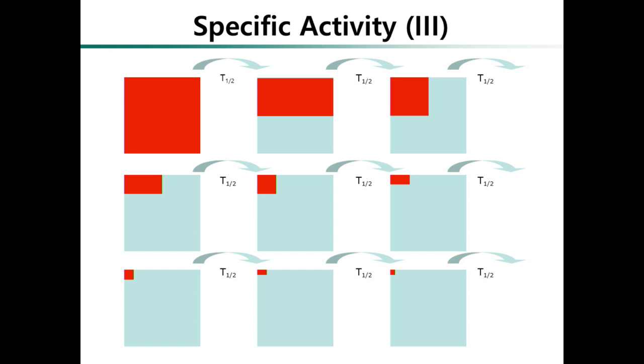So even though the activity is higher than the normal injected dose, in terms of specific activity we could not do receptor imaging. So you have to understand the exact meaning of specific activity.